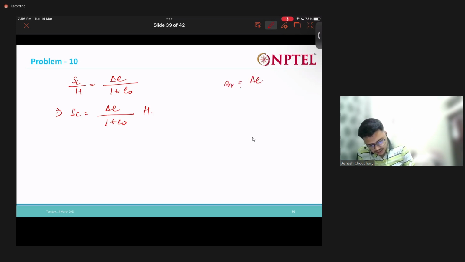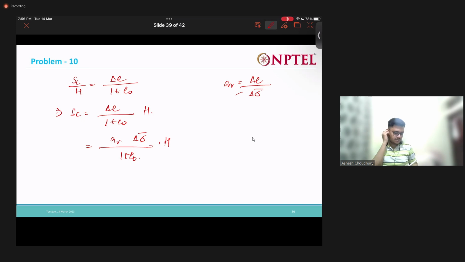AV is delta E by delta stress. So this delta E I can write as AV into change in stress by 1 plus E naught into H, isn't it? Now this AV by 1 plus E naught is nothing but MV. MV into this into H. So this should give me my settlement.